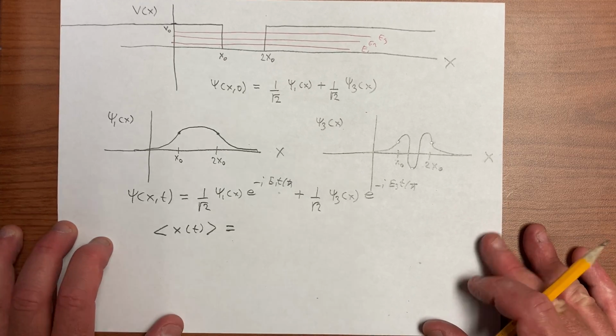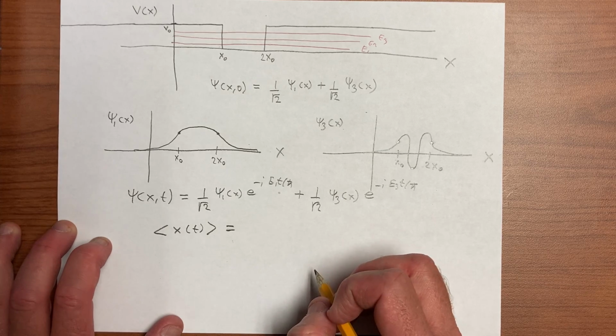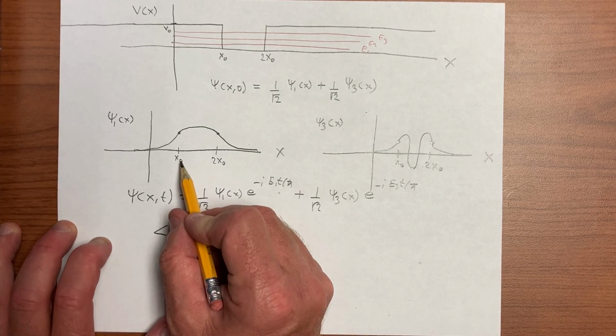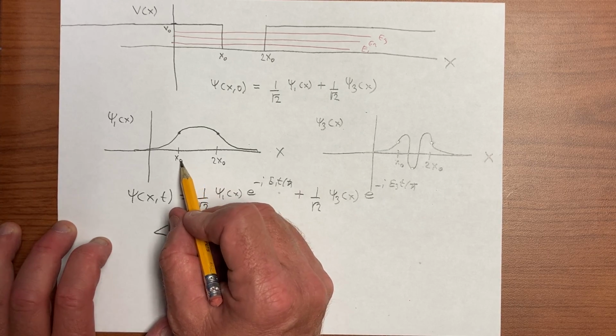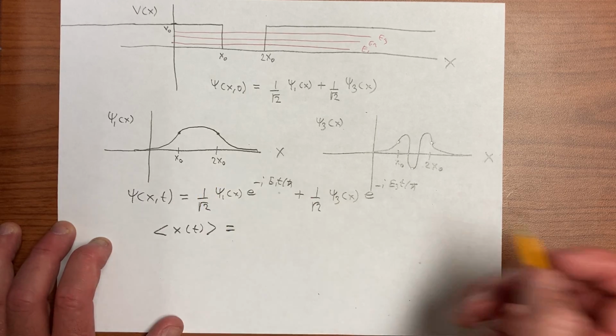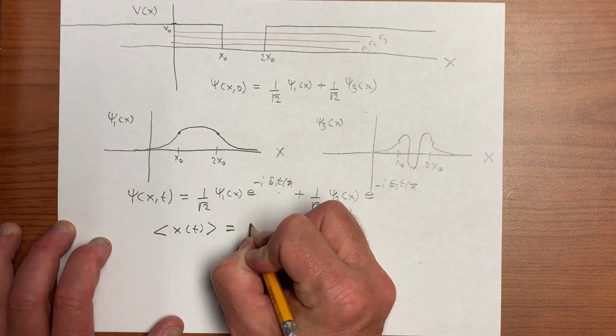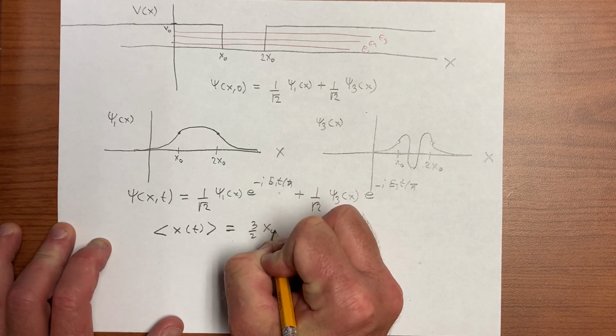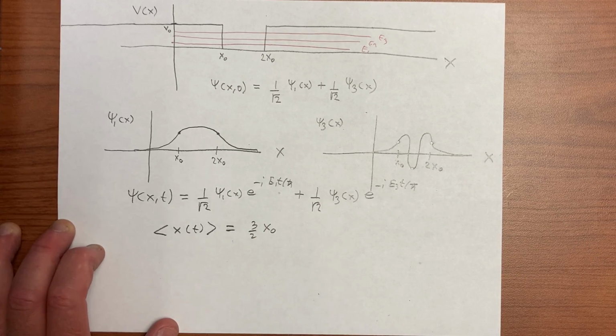So this has to be the well midpoint. And so what's the well midpoint? 1.5 x naught, so it's 3/2 x naught in this case, and that's independent of time.